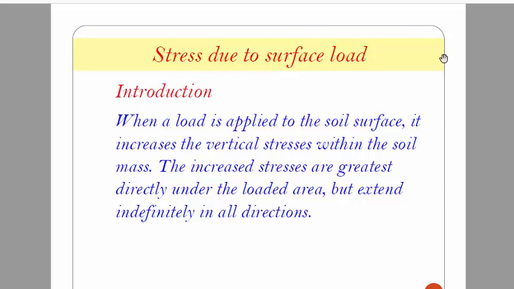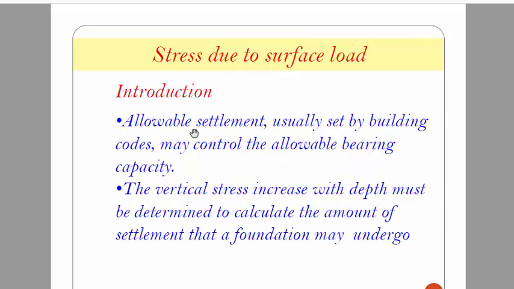The increased stresses are greater directly under the loaded area but extend in all directions. In simple language, when we apply a load on the soil, the vertical stress increases directly below it, but it also extends in all directions.